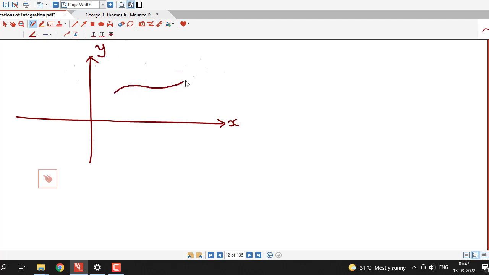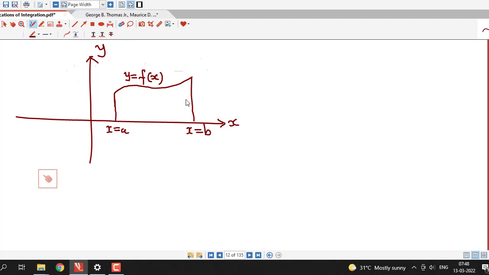Now first we understand what is the meaning of solid of revolution. So suppose we consider some region in the xy plane. For example, suppose we consider the region in the xy plane which is bounded by some function. Suppose this is the graph of y equal to f(x). Suppose this line is x equal to a, and this line is x equal to b.